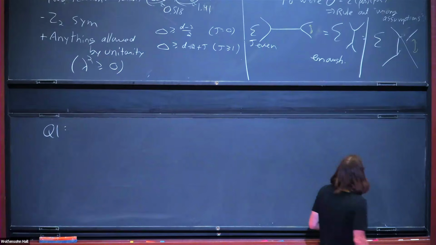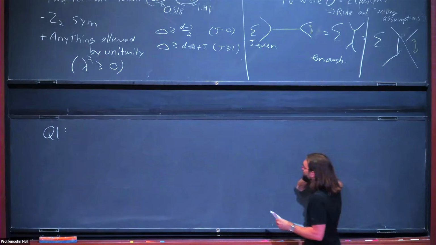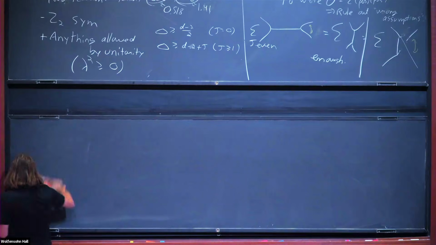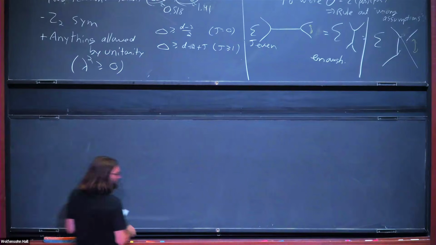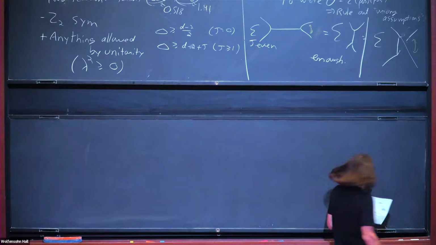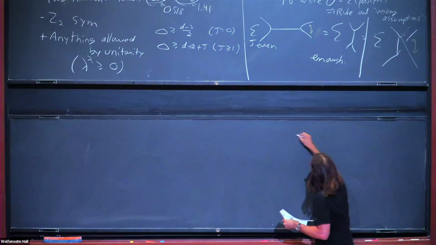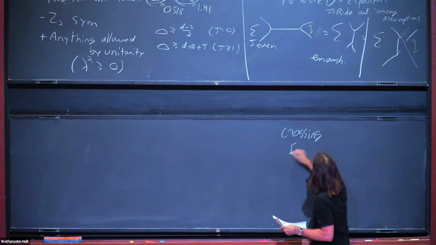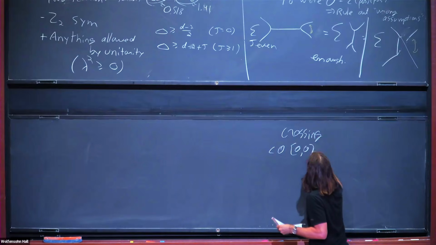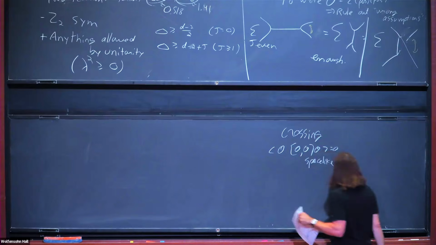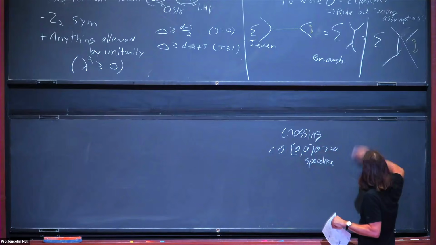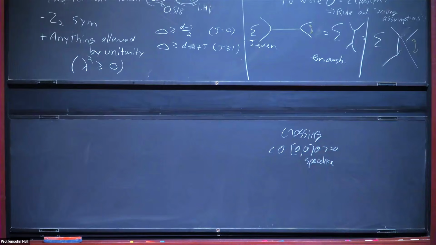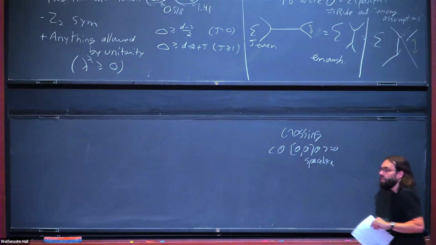And just a side comment to elaborate on the question: we've seen that it's related to crossing. This crossing equation is related to this commutator equals 0 at space-like separation. And the reason I call this crossing is not really an accident.